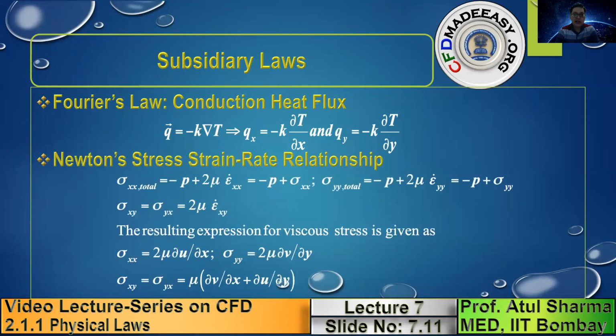Whereas in fluid mechanics, stress is directly proportional to strain rate. So we have a relationship between stress and strain rate, and the strain rate, using fluid kinematics, is converted into the velocity gradient.